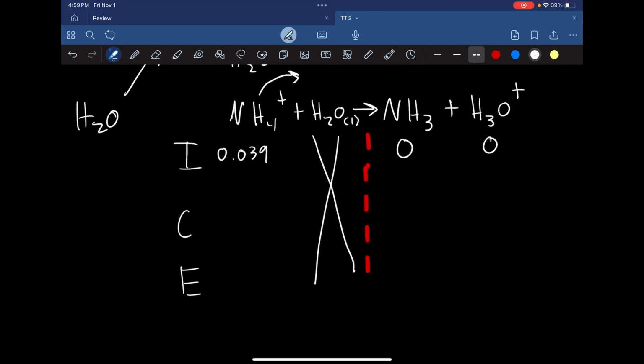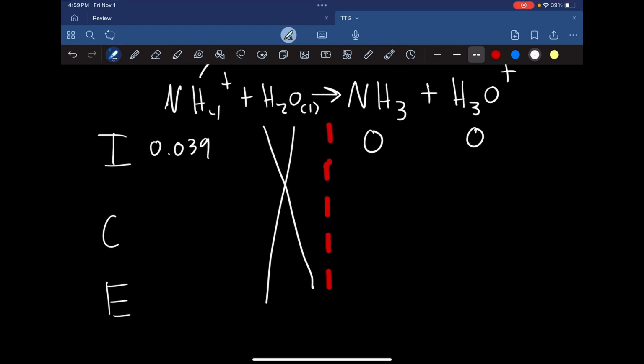So let's do the ICE table. And since, of course, we've done a lot of ICE tables, we know that this will be minus x, and then this will be plus x, because it's going to shift towards the right side since there's nothing on the right side, and we're adding stuff on the reactant side, which in Le Chatelier's principle says that the things will shift towards the product side.